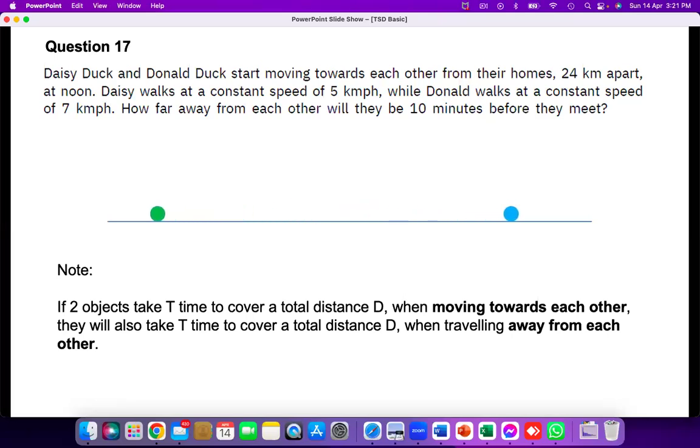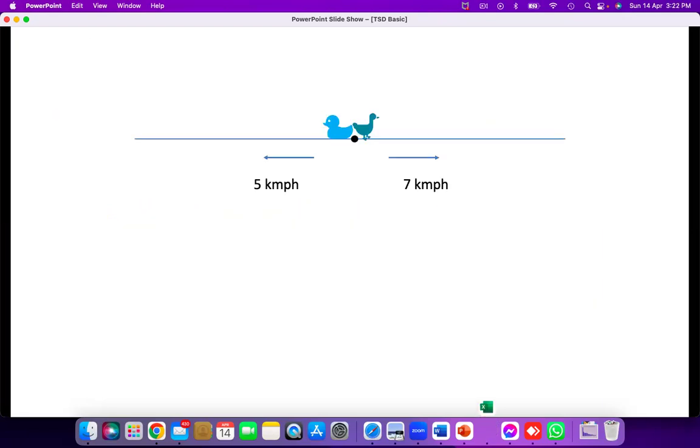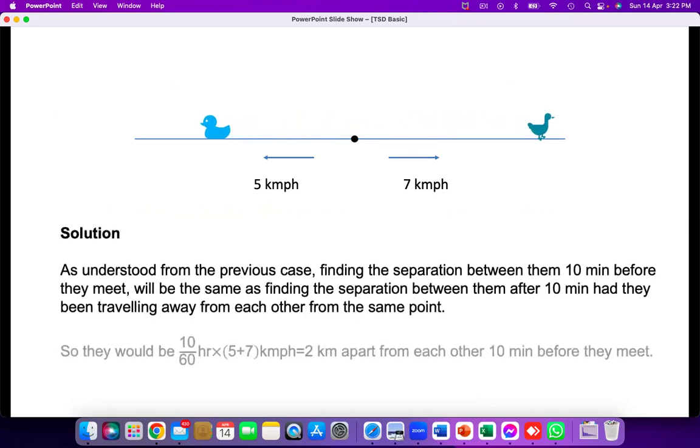Five. So is it 3.5 kilometers? Okay, let me tell you.